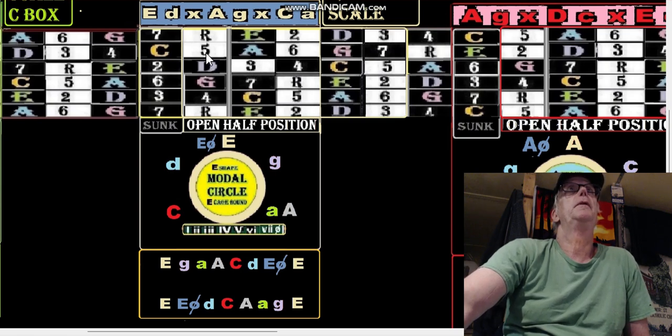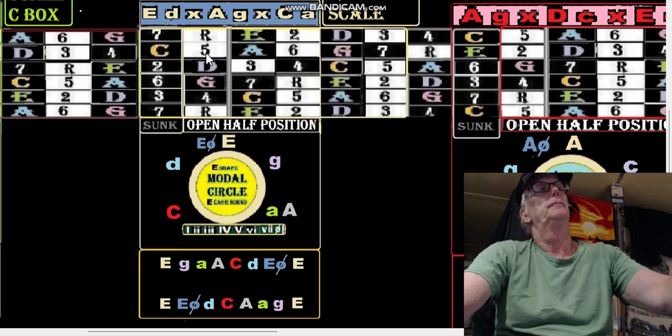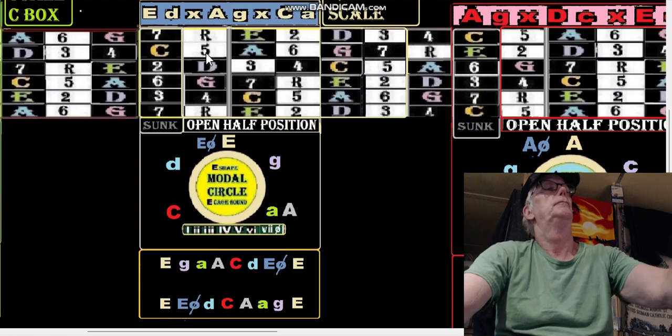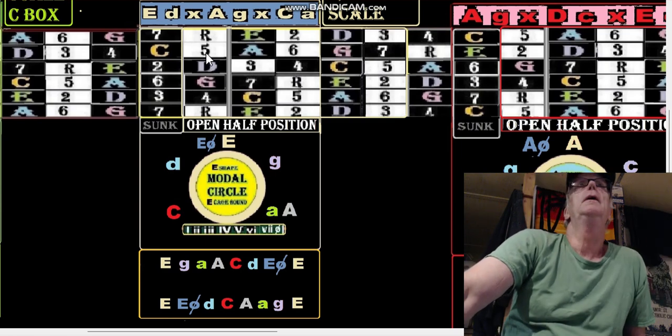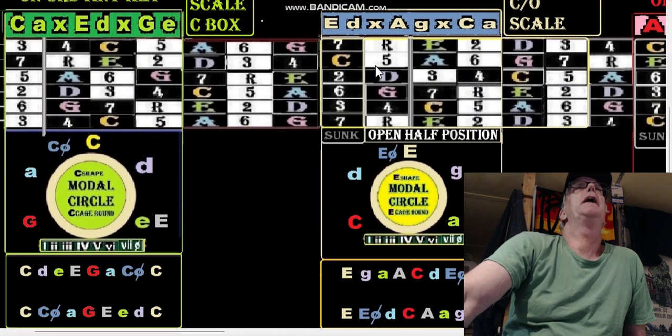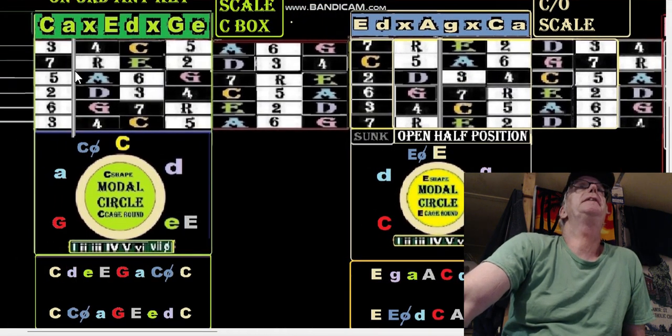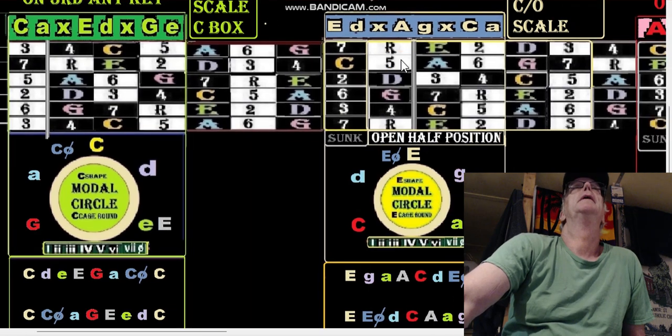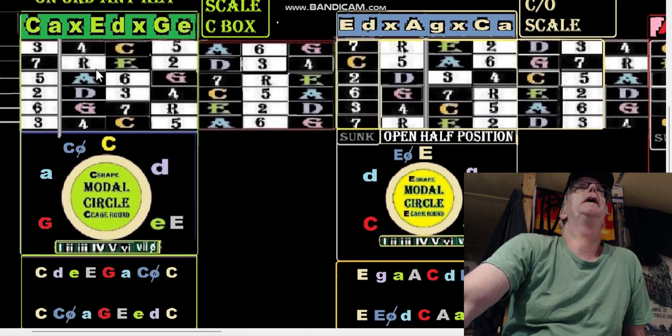The fifth of the root is the third of the third. So again, we have that A minor shape moving down one. So here in a regular A minor, we're playing that note right there.